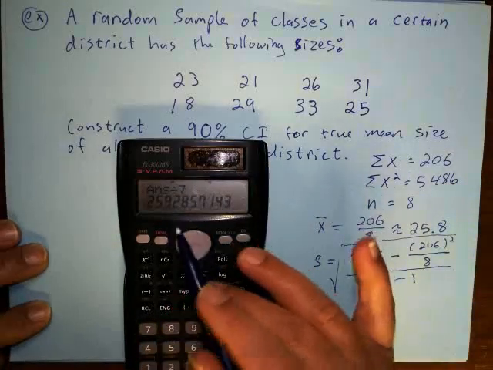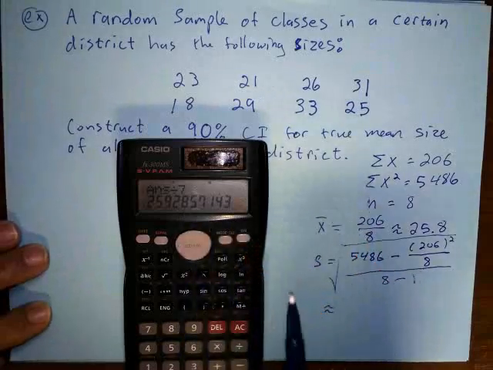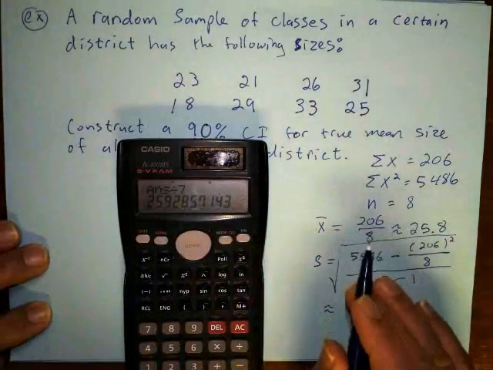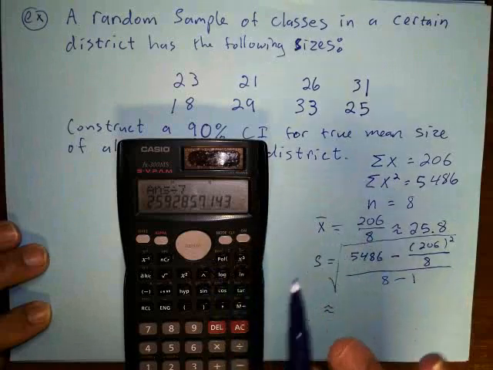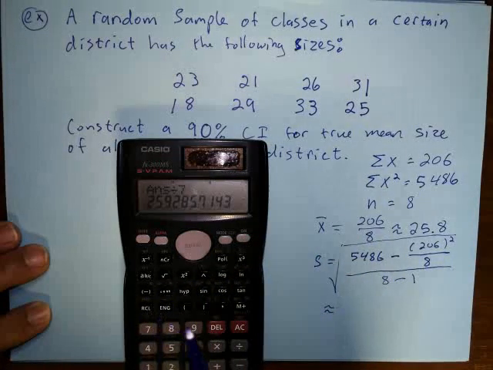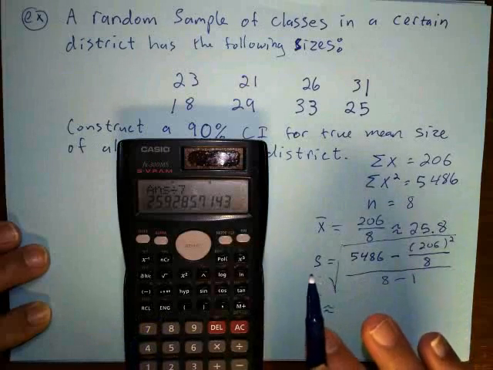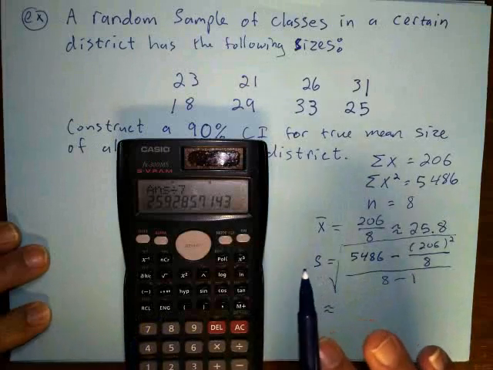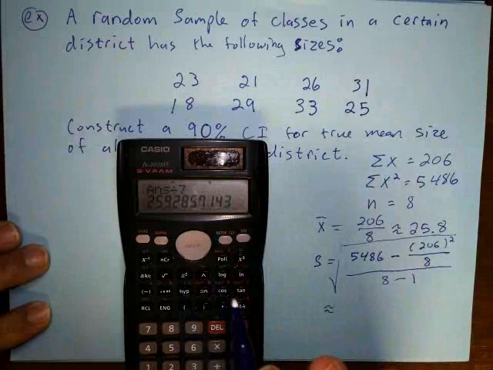Now this number here is actually the variance, and I didn't mention this earlier, but there was a problem on the homework in part 1 on confidence intervals, where they gave you the variance.